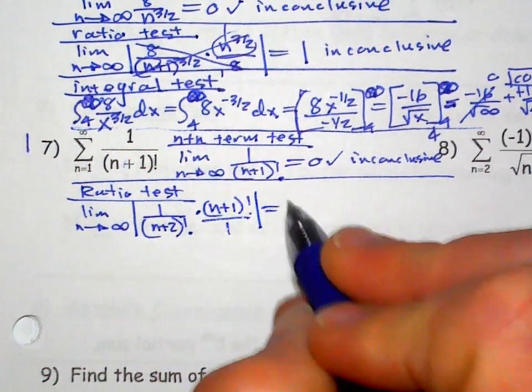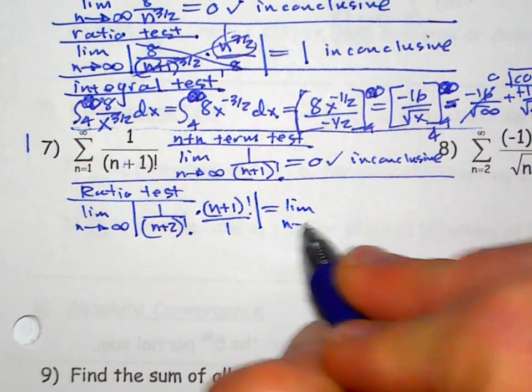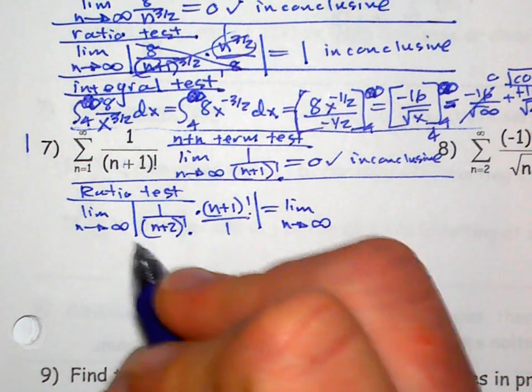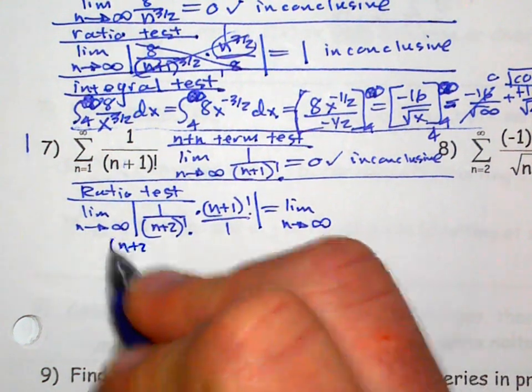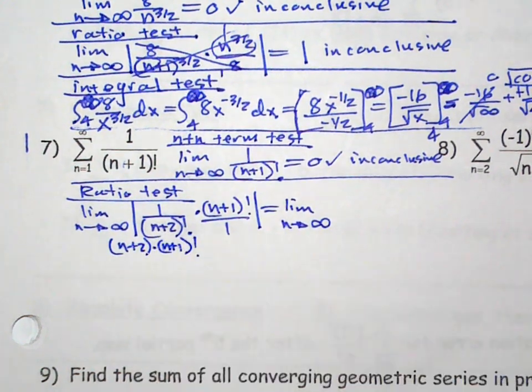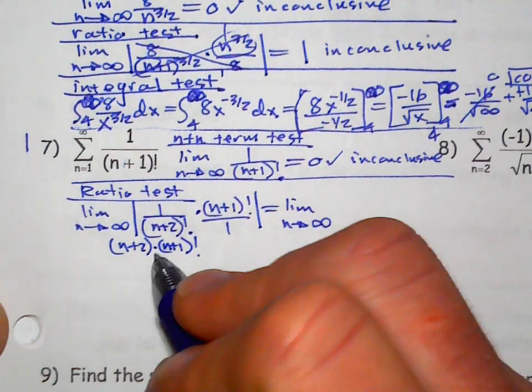And we can simplify this using our knowledge of factorials. n plus 2 times n plus 1 factorial, right? Because any factorial is itself times the next smaller factorial. That allows you to get rid of those.